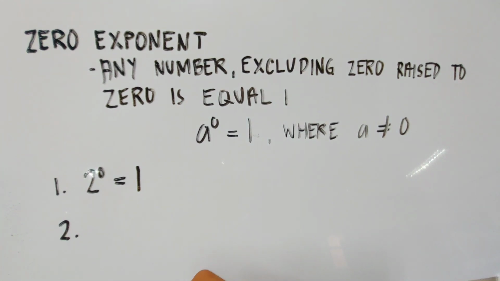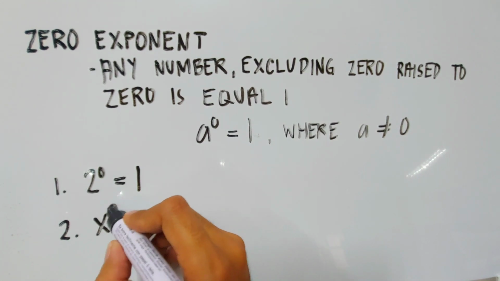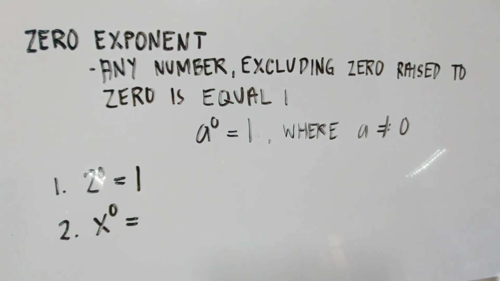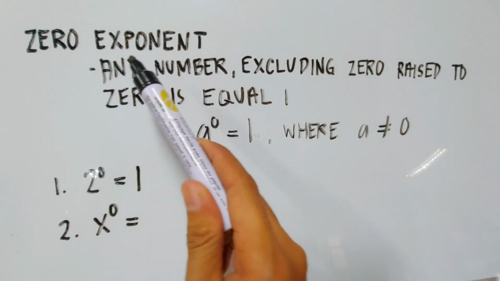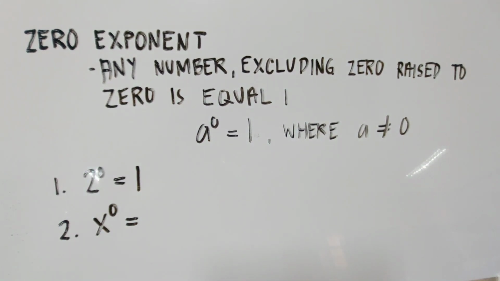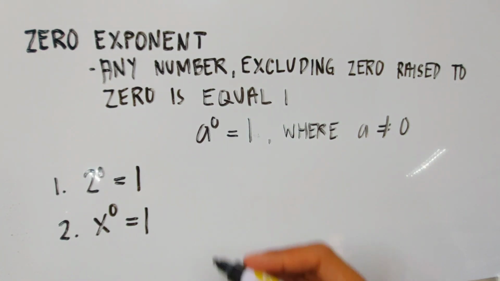Example number 2. X raised to 0. So that is equal to 1. So aside from number that is greater than 0, pwede rin yung variable. Kapag yung variable naka-raise sa 0, that is equal to 1.